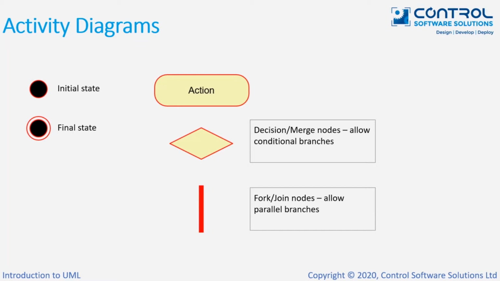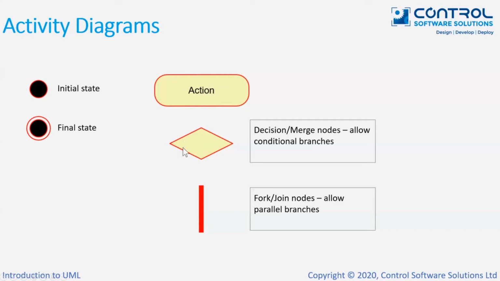We have a starting point and a final point. We have an action, which is usually just a white box. The UML tool that I used today gives them a nice yellow color for some reason, but we have a little box that says what the action is.